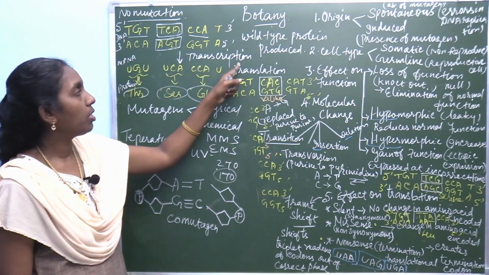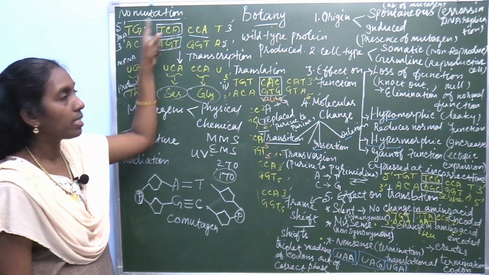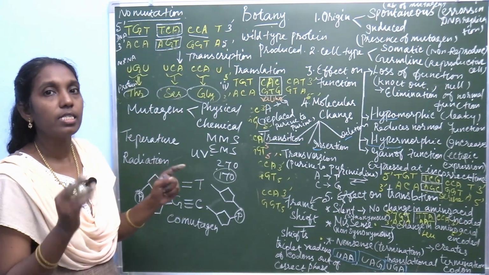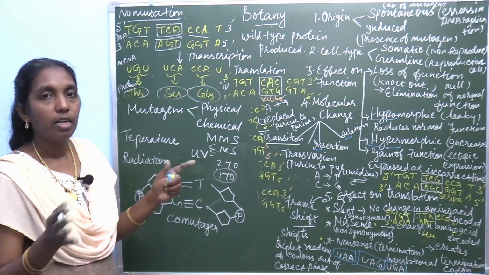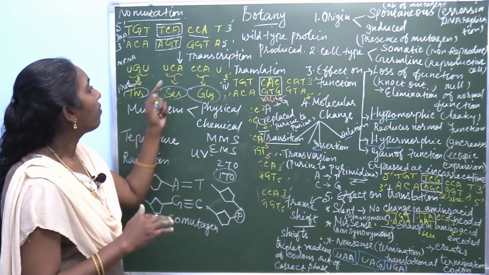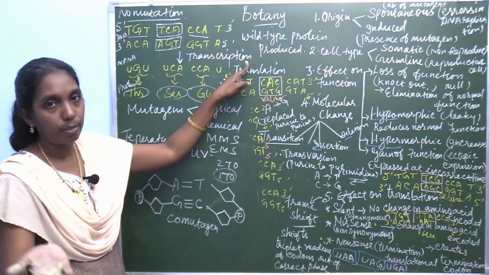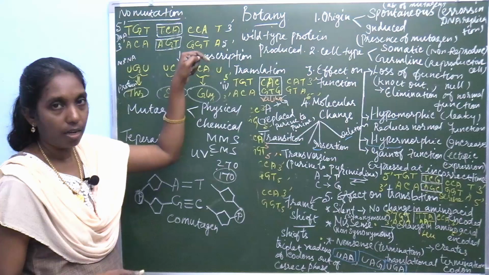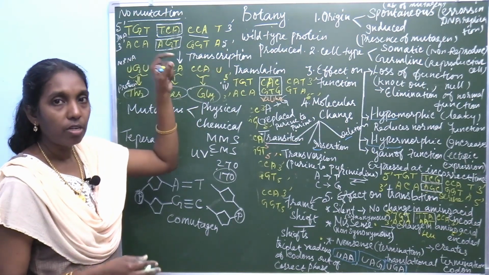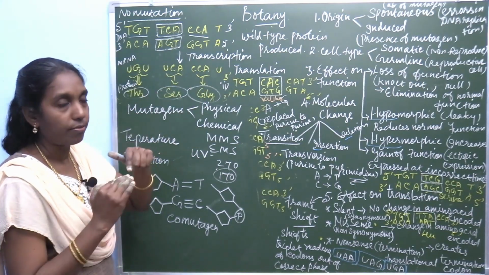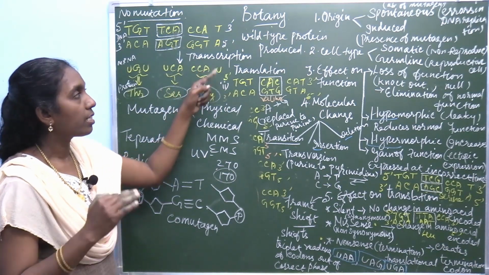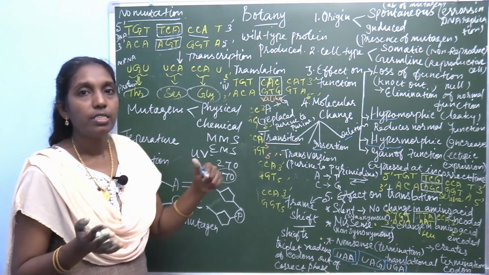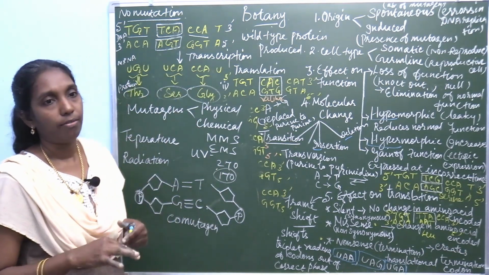When mutation takes place in the normal DNA sequence, it affects two processes: in most cases DNA replication, as well as transcription. If any one nucleotide in the sequence is affected, then the next process, transcription, also gets affected.